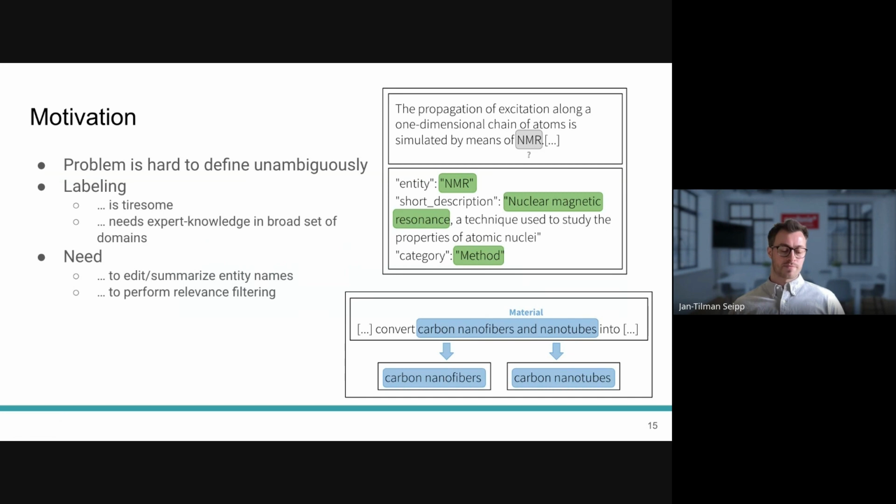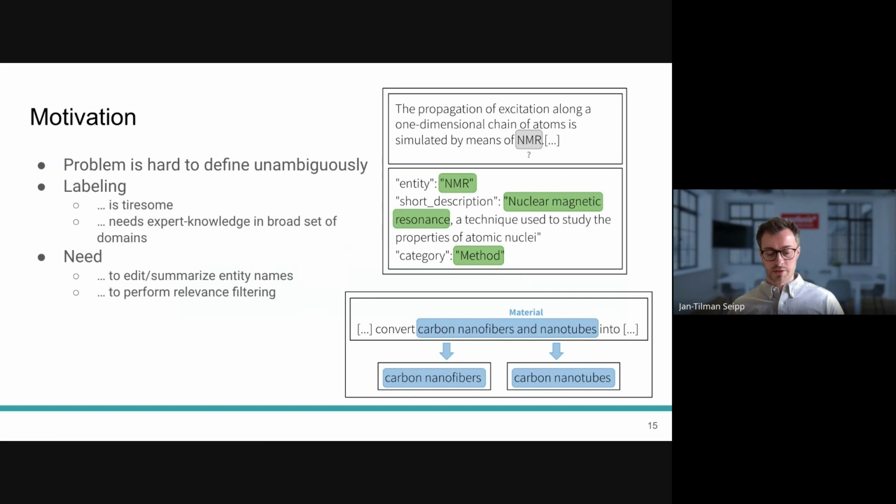And then we have another difficulty: that we sometimes need to edit or summarize entity names. Maybe we look at the other example here, with the sentence that converts carbon nanofibers and nanotubes into something. Here, in the classical approach, we could only detect carbon nanofibers and nanotubes, but with the generative models we can basically extract carbon nanofibers and carbon nanotubes.